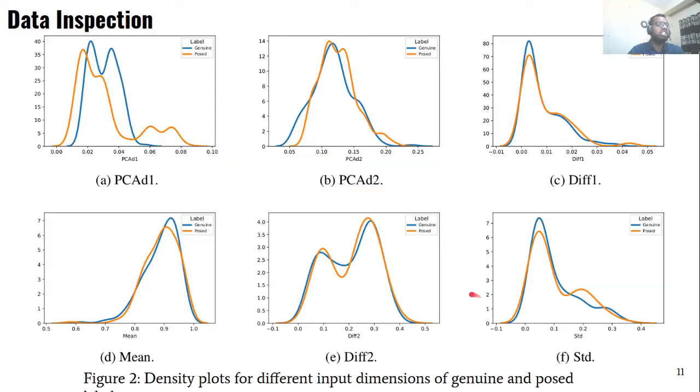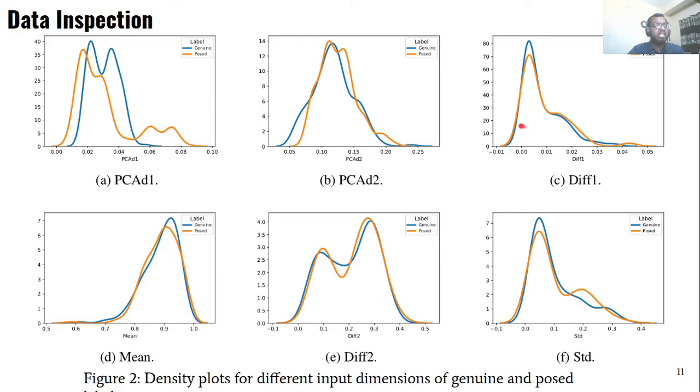Now if we inspect the data, these are basically density plots of all those 6 features. If we look closely, except for this first one, PCAD1, for all the other 5 features there are no considerable differences in the density plot. They look the same in terms of the density plot.